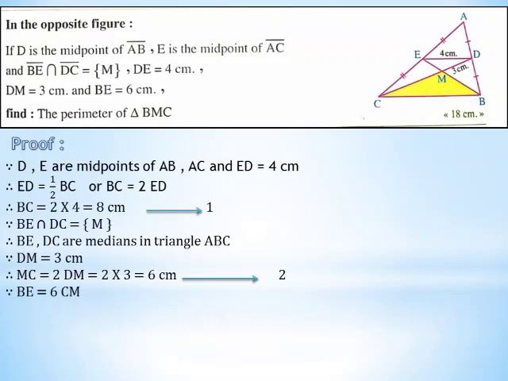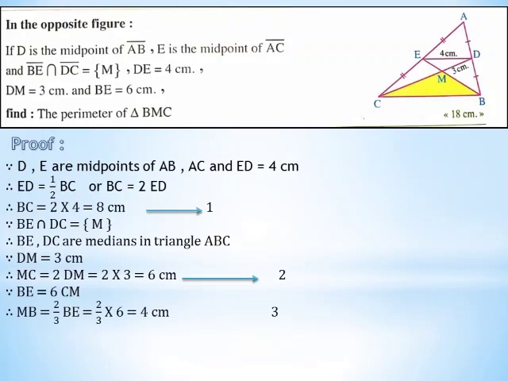We know from the information that the whole median BE equals 6 centimeters. If you want the length of the big part of the median, MB equals what? 2/3 of the whole median.